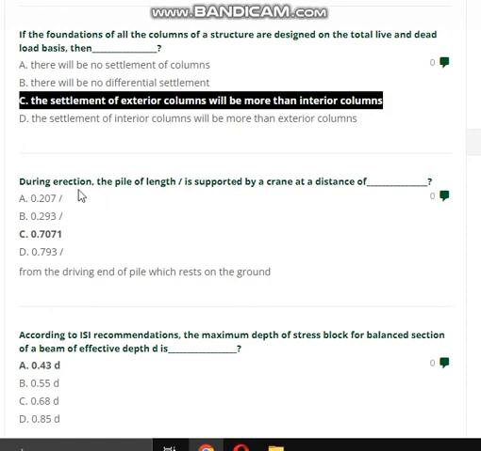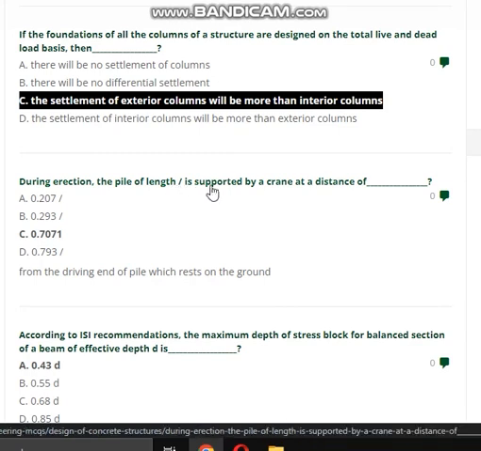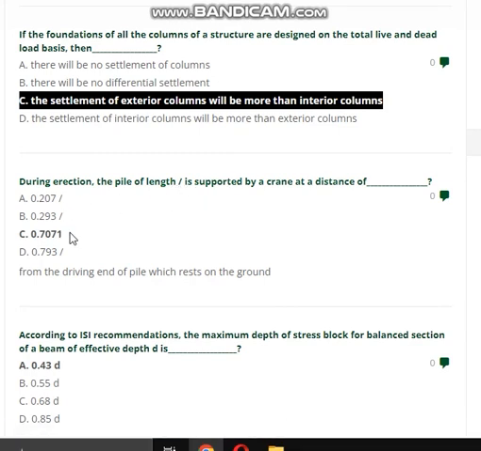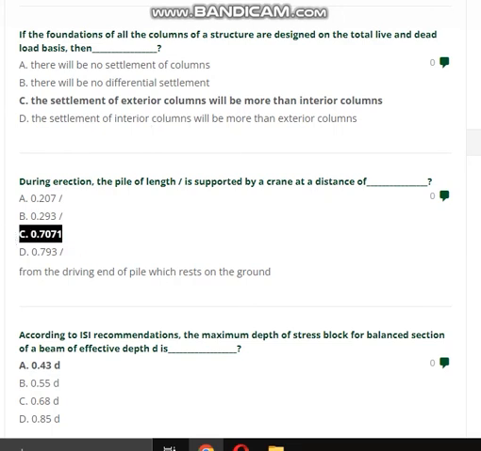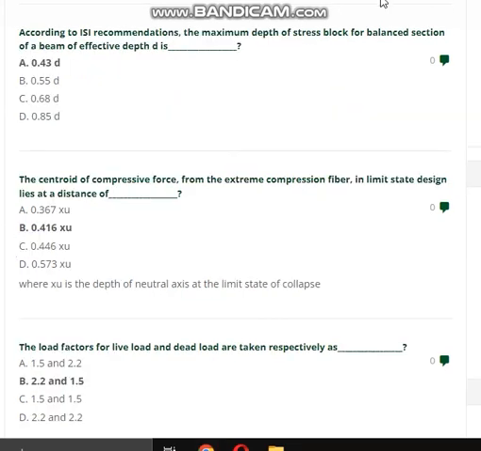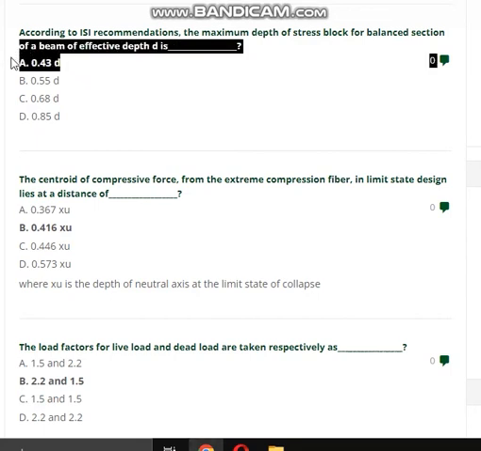During erection, the pile of length L is supported by the crane at a distance 0.707 L. According to IS recommendation, the maximum depth of stress block for a balanced section of beam of effective depth d is 0.43 d.